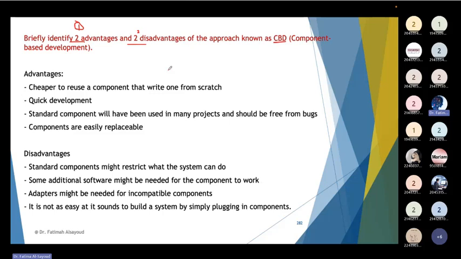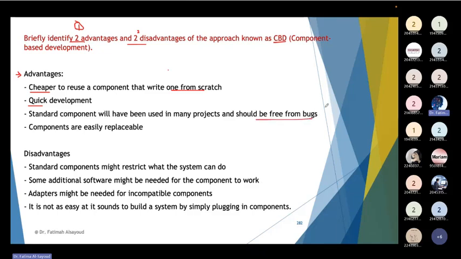So when you think about the answer in the exam, try to think about it first in general without going into details. You put the first word and then complete it. So it's going to be cheaper because you don't need to start from scratch. Quicker, as you said, it's faster. Both words will be correct. Standard components are said to be free of bugs.